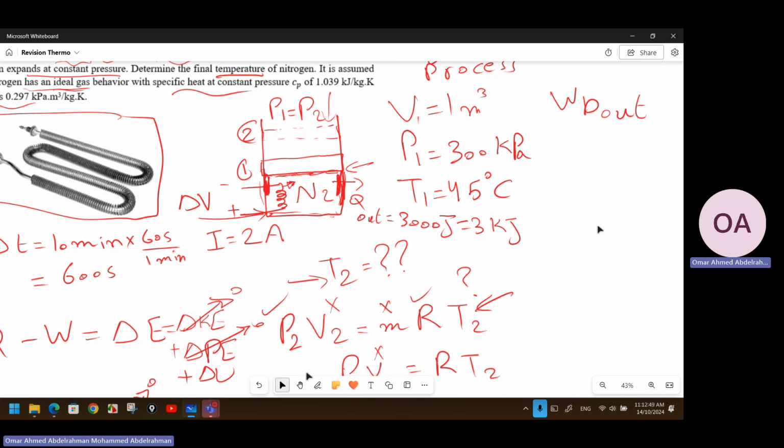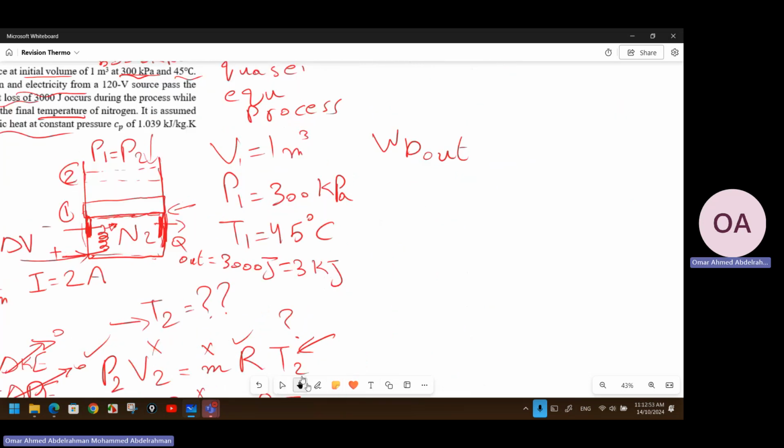This boundary work, we'll assume that it is under constant pressure. That is an ideal assumption, because in real life you cannot measure directly the boundary work. We need experiments. Okay, so boundary work is P dV as an integration. Because now in the piston cylinder, we have a force exerted by the pressure of the gas itself.